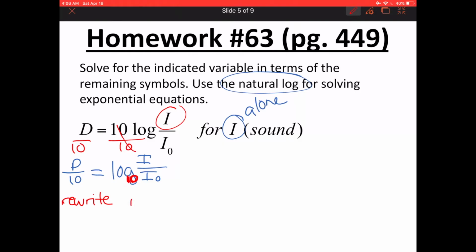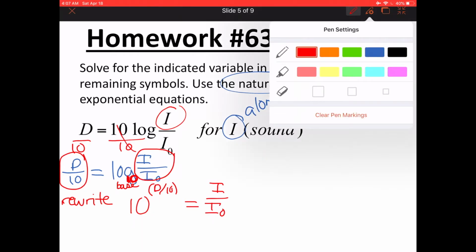So that's going to look like 10, because remember the base of my log is the base of the exponent. Whatever I have over here on the other side of the equal sign becomes my exponent. So 10 to the power of D divided by 10 equals whatever I was taking the log of goes on the other side of my equal sign. So equals I over I sub 0.